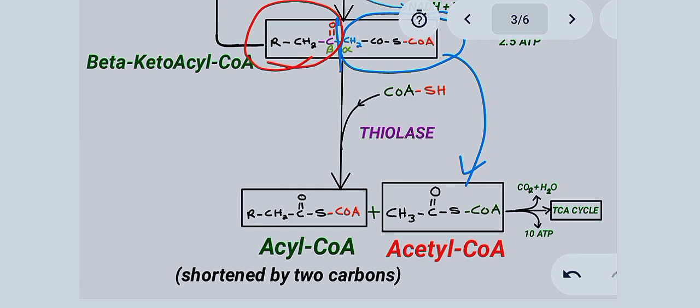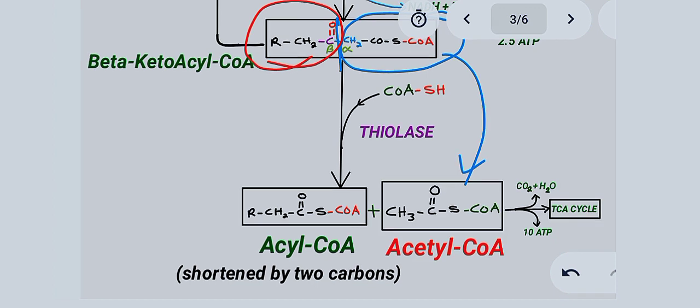What do I mean? Remember at the beginning of beta oxidation, we were using acyl CoA. So imagine that acyl CoA you're using at the beginning of beta oxidation, let's say it has 16 carbons. If it has 16 carbons, we call it palmitoyl CoA. Now imagine it enters beta oxidation. At the end, we produce a 2-carbon compound called acetyl CoA.